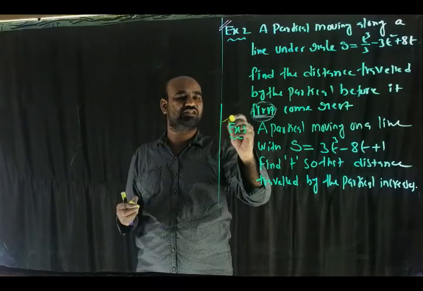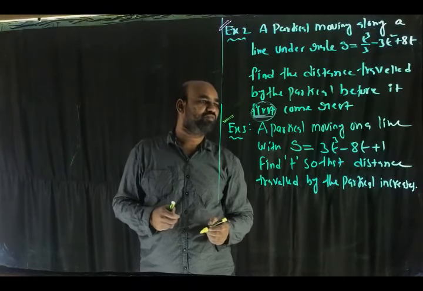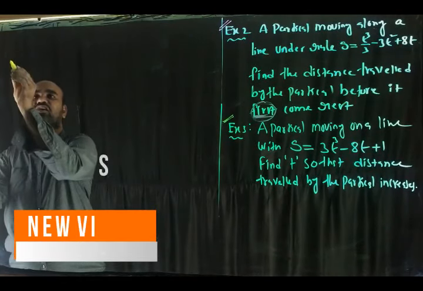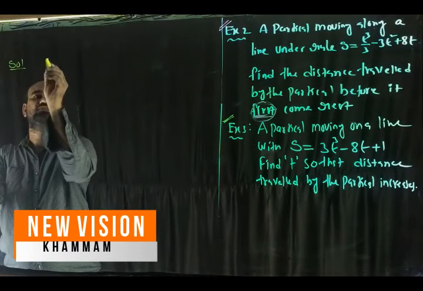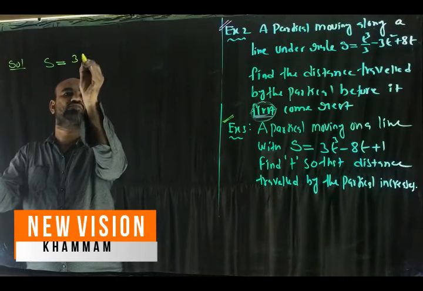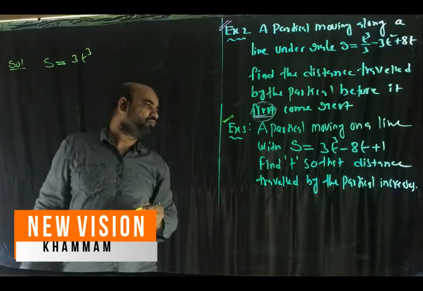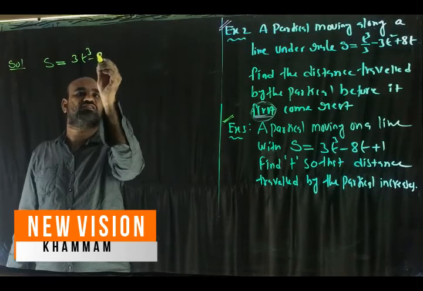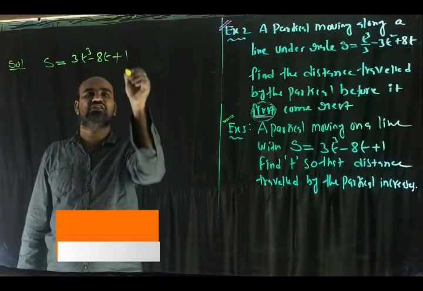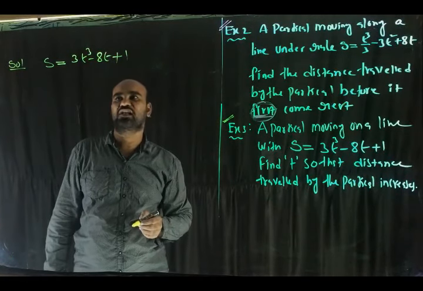Now example 3. A particle moving on a line with the condition S equal to 3t cube minus 8t plus 1. Under this condition, the particle is moving on the line.